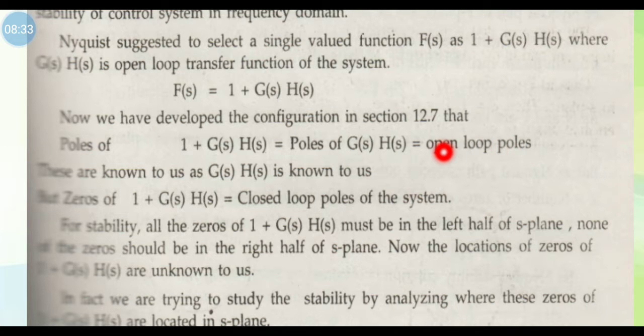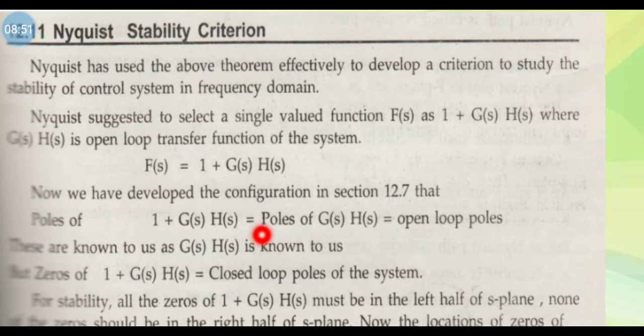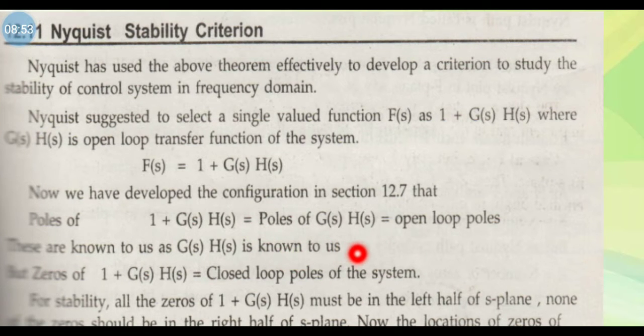In the previous lecture we have seen that open loop poles are nothing but the poles of g of s h of s, which are equal to the poles of 1 plus g of s h of s. These are known to us as g of s h of s is known to us. Then whatever are the zeros of 1 plus g of s h of s are called the closed loop poles of the system.